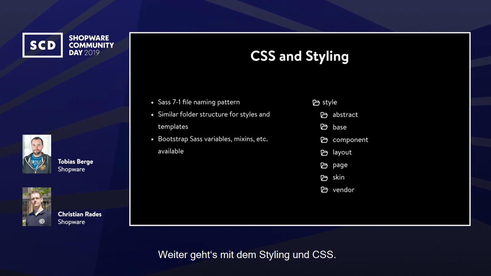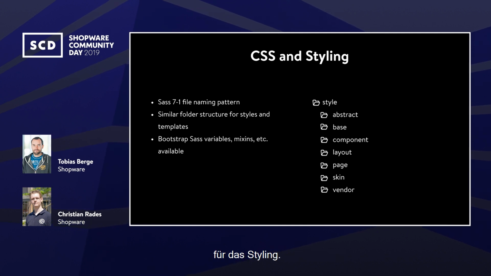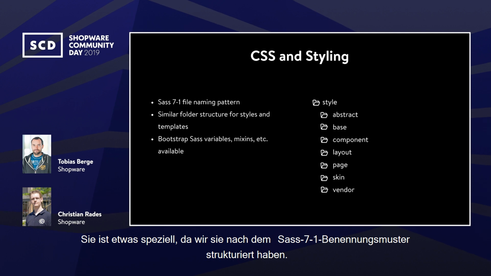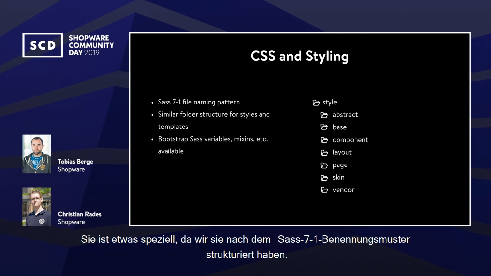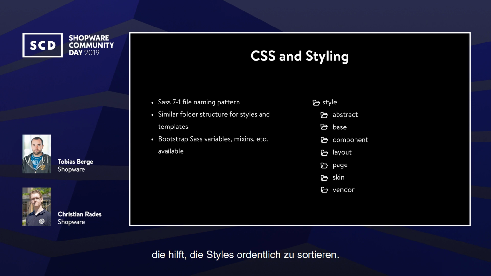Okay. So now about the styling and CSS part. I just dropped you an example there of the styling folder structure. And this is kind of special because we structured this after the Sass 7-1 naming pattern. That might sound very fancy, but what this actually is, is a convention from the Sass community which guides you how to sort your styles in a nice and clean way.